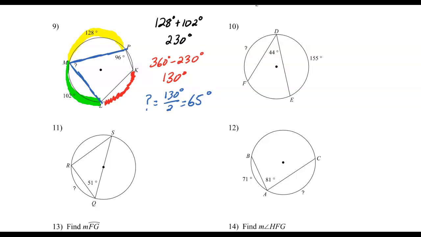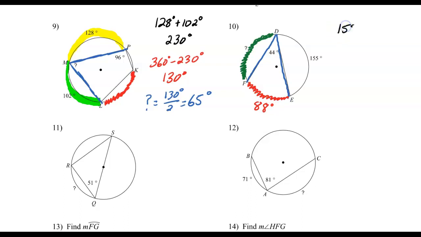In problem number 10, I want this green arc. The first thing I notice is I have this inscribed angle D. So if I double 44, I'll get 88 degrees for the red arc.